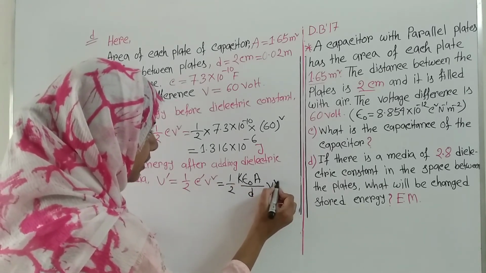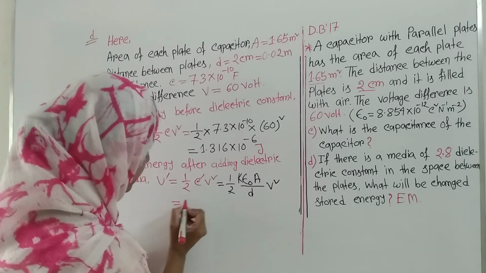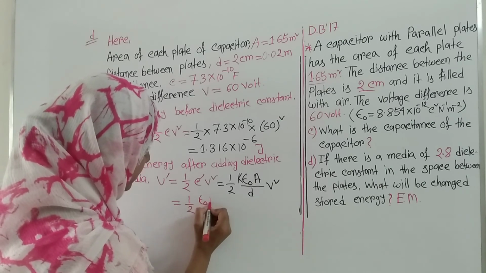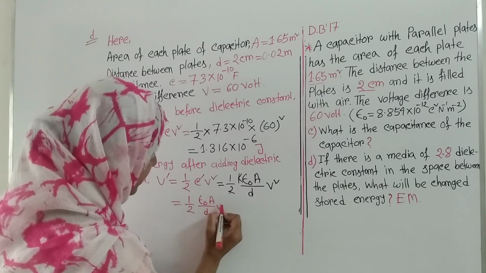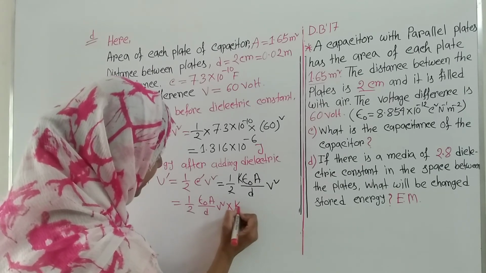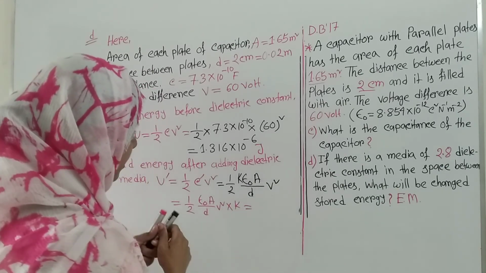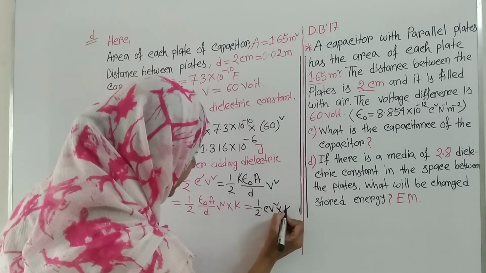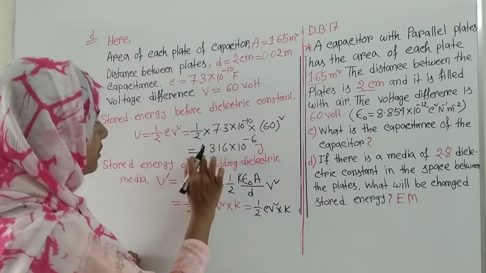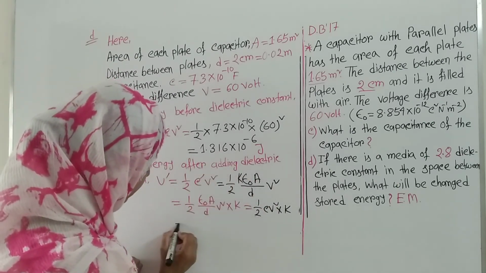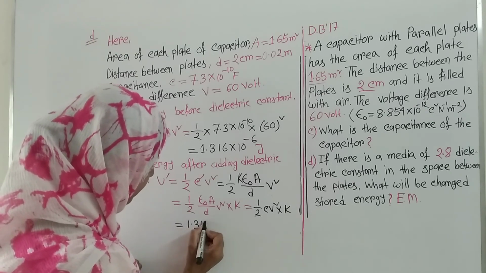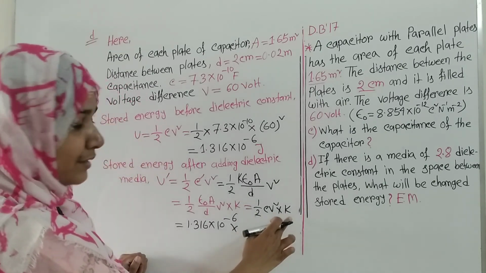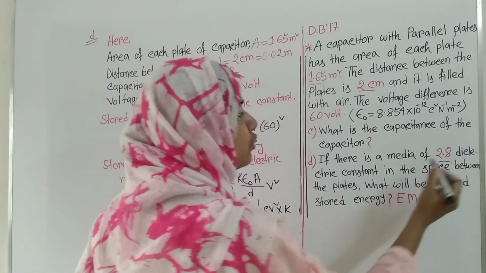Into V square. So we can write that half epsilon naught A by D into V square into K, that is half CV square into K, and the value of half CV square is 1.316 into 10 to the power minus 6, and the value of K, that is the dielectric constant, is here 2.8.